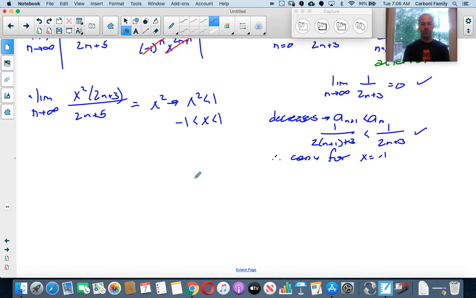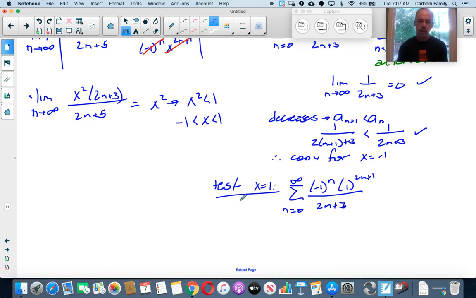x equals +1. So let's set that up. All right, so here I'm testing x equals 1. I plugged in 1. 1 to the 2n plus 1 would just be 1. And so we end up with -1 to the n over 2n plus 3. And we're really lucky here because this one ends up also being the alternating series.